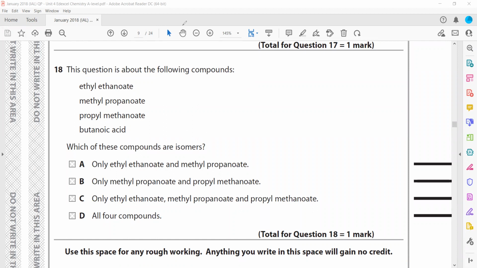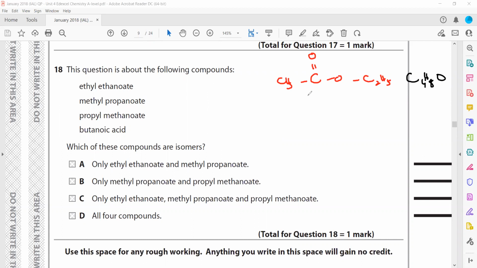So when I write the formula for ethyl ethanoate, it will be C double bonded with O and O, then this is C2H5 and this one is CH3. So the molecular formula of ethyl ethanoate is 4 carbon, 8 hydrogen and 2 oxygen.